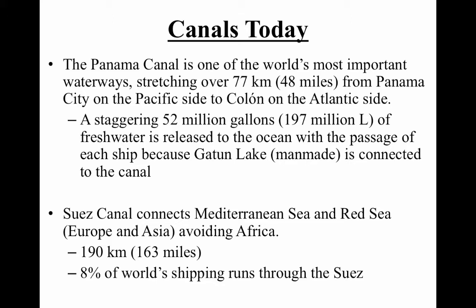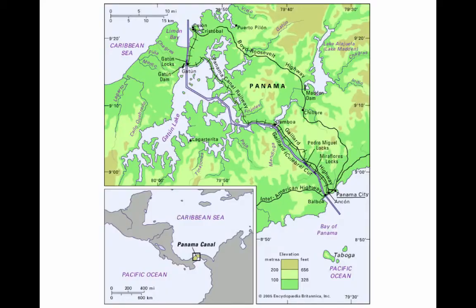So these two canals allow ships to take a shortcut that eliminates the need to drive around an entire continent. So the Suez Canal, you can see it's 163 miles, and of all the shipping in the world, and there is quite a bit of it, 8% of the entire world's shipping does go through the Suez Canal.